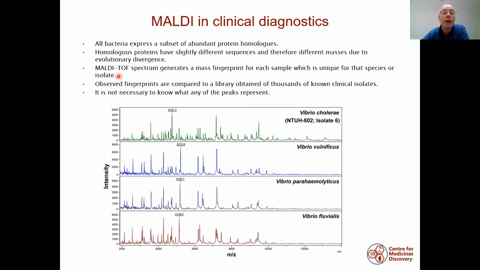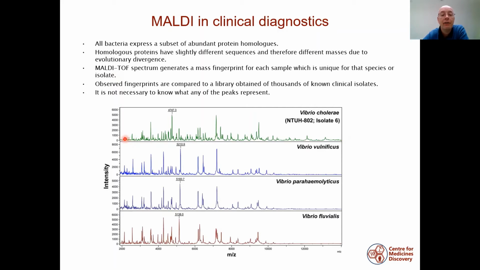So what the TOF spectrum does is it generates a mass fingerprint for each sample, and that fingerprint is unique for any particular species or any particular isolate of bacteria. I've shown four examples here of different bacterial species.